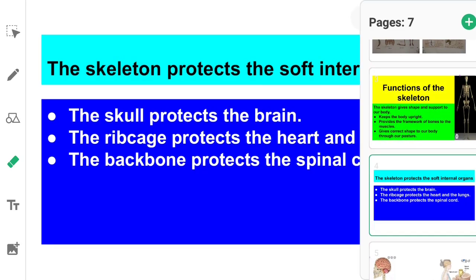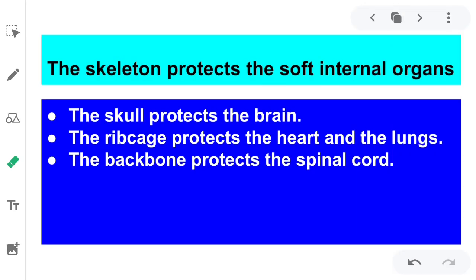Now, the second point, the skeleton protects the soft internal organs. You have read in the previous class, the skeleton provides protection to the soft internal organs. There are external organs and internal organs.